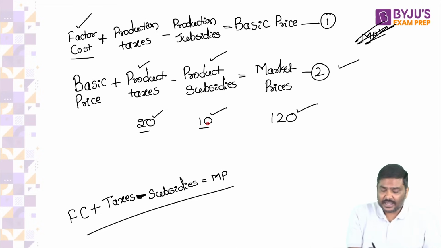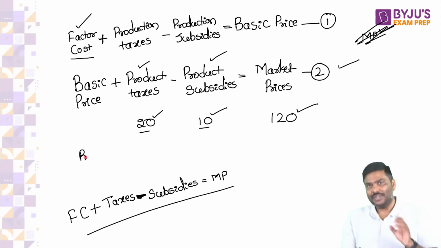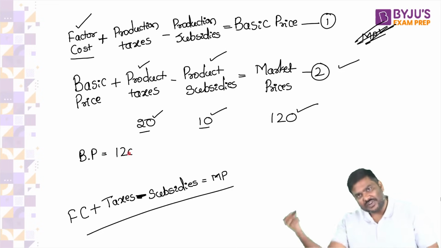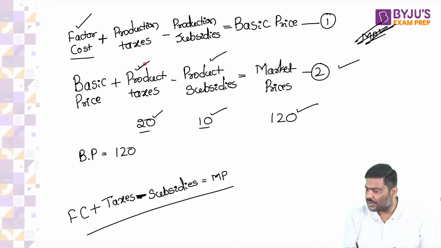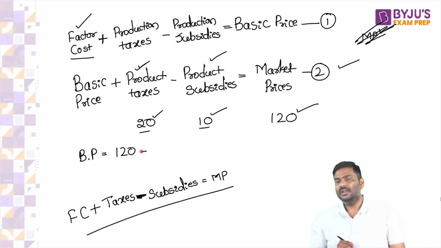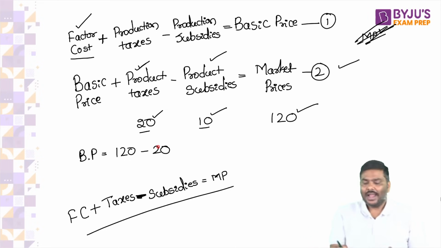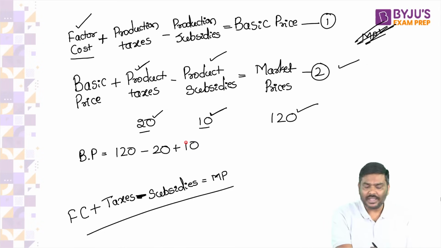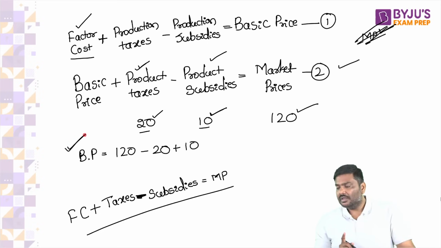So basic price is equal to, now look at the formula, I will not calculate, I'll simply write the formula. 120 rupees, this is plus 20. If I transfer it to the other side, it becomes minus 20. And this is a minus 10. If I transfer it to the other side, it becomes plus 10. Any problem with the formula?